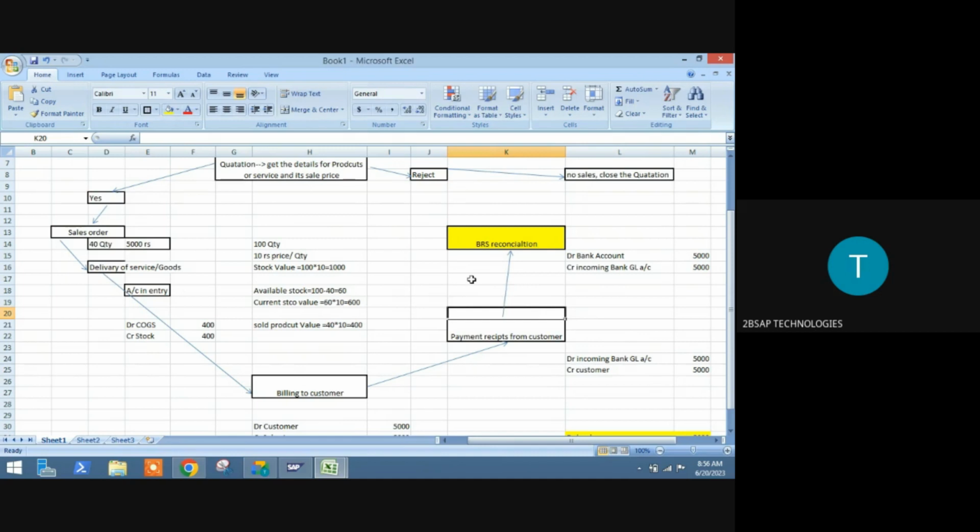This BRS reconciliation, based on requirement or dependency, we will do it. Clear, sir?